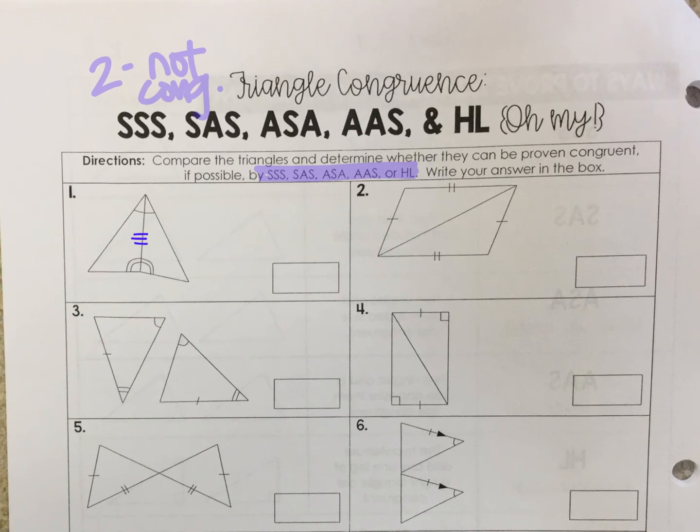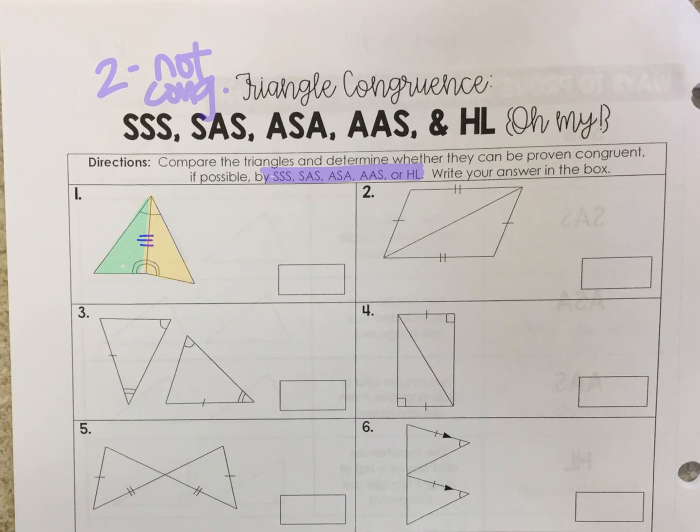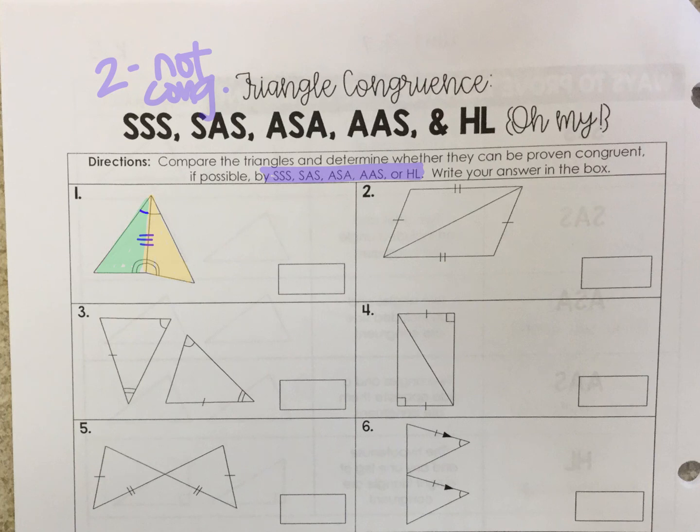So if I look at the green triangle, I have an angle, then I have my side marks, and then I have an angle again. So the green one is ASA, and the yellow one, I've got an angle, side, angle, ASA.